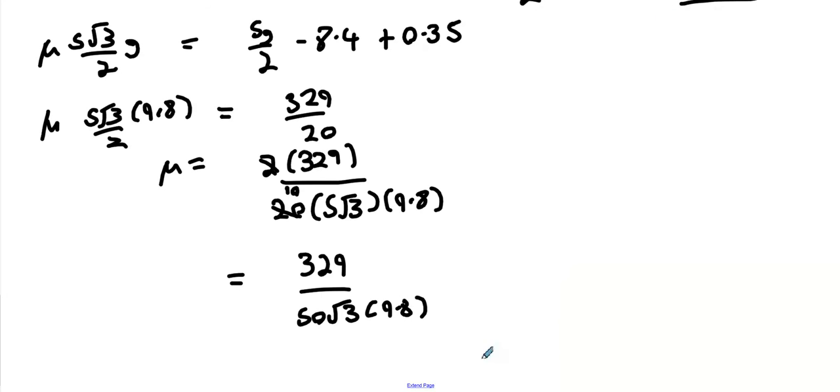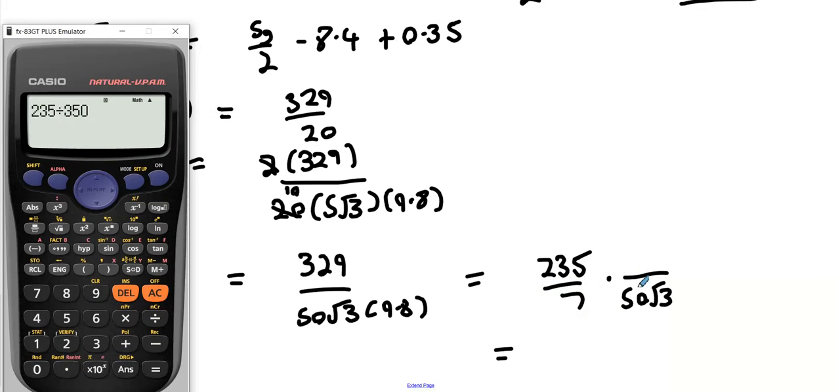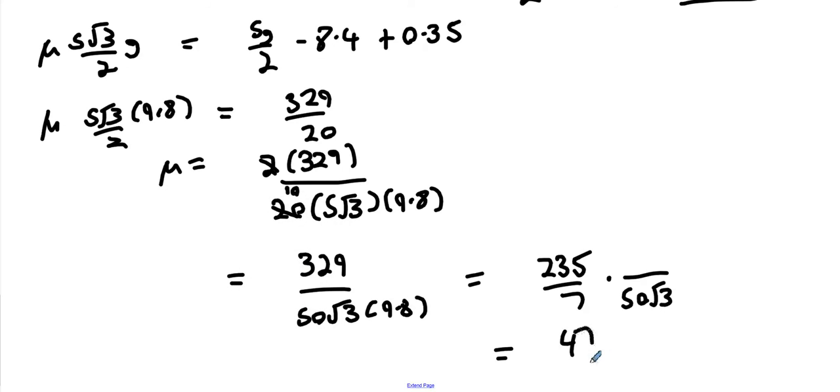It's 235 over 7, divided by 50 root 3. I'm sure they both have 5 in common. So 235 divided by 350. See that's 350 on the bottom. Is 47 over 70. So 47 over 70 root 3.